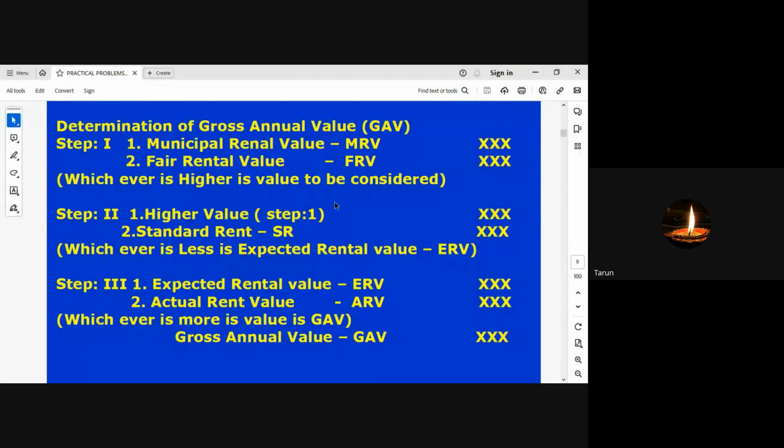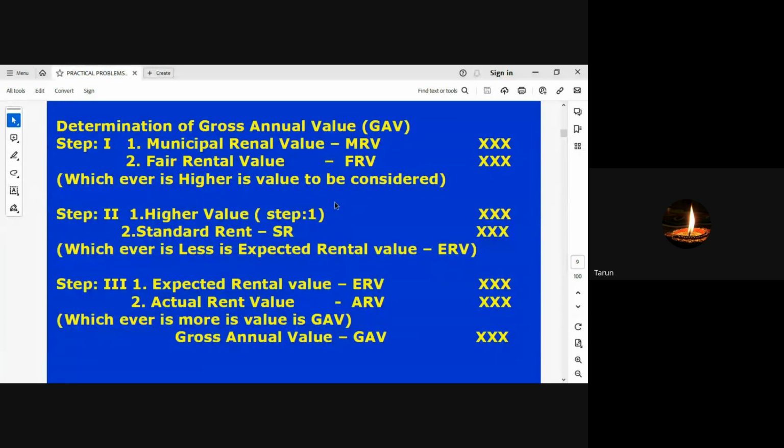Gross annual value, step two: municipal rental value and fair rental value, whichever is higher. Once you get the higher value, that is the reasonable expected rent, and you compare it with the standard rent. Whichever is lower is the expected rental value.